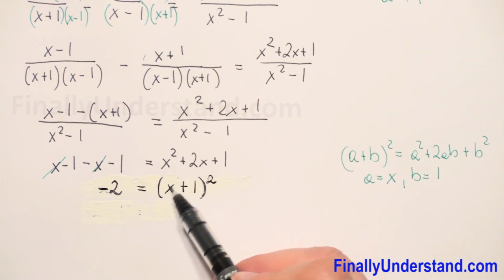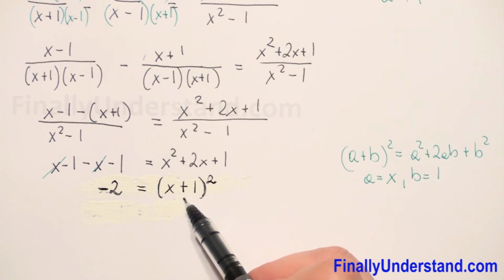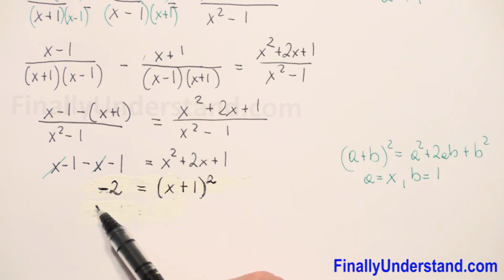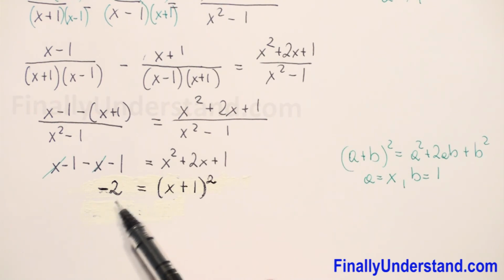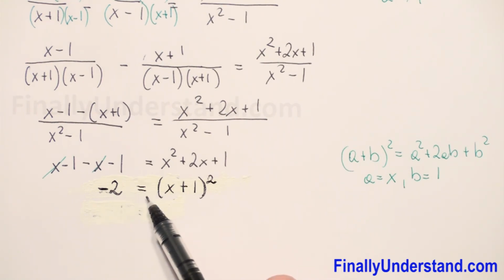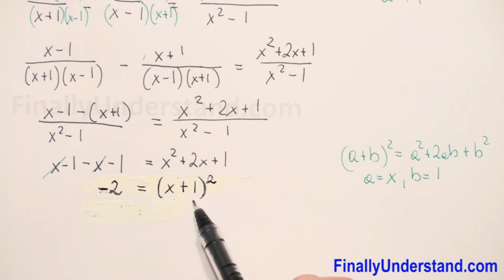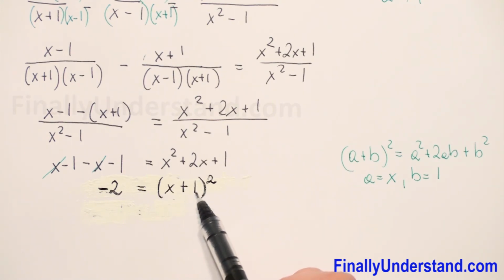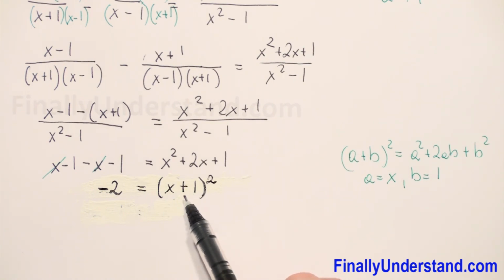So this will always be positive or equal to 0. It will never be negative. And on the left side we got negative 2. So we cannot find a real solution for this equation, because on the right side we have always a positive or equal to 0 value.